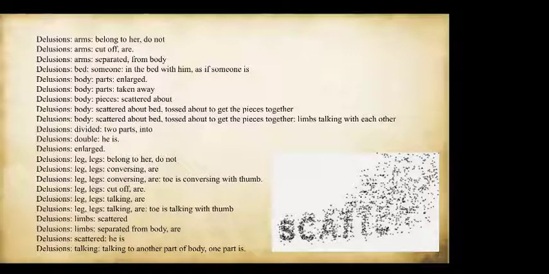Here we have some of the rubrics. I'm not going to read them all, but you can see how many rubrics there are about separated from the body, pieces scattered about, scattered on the bed, limbs are talking to each other, divided in 2, legs do not belong to her, cutting off. Dozens of rubrics here talk about that scattered feeling and really completely describe her.